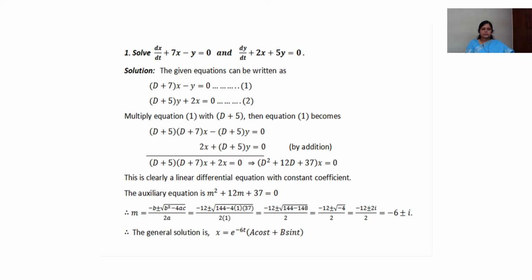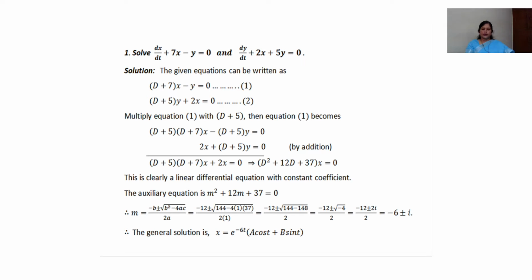This is clearly a linear differential equation with constant coefficients. From this we know f of D is D square plus 12D plus 37, so the auxiliary equation is m square plus 12m plus 37 is equal to 0.